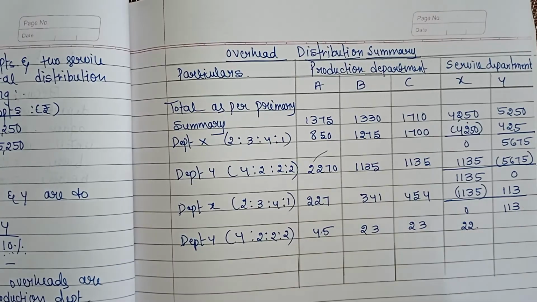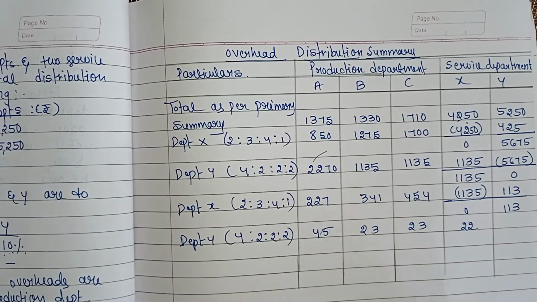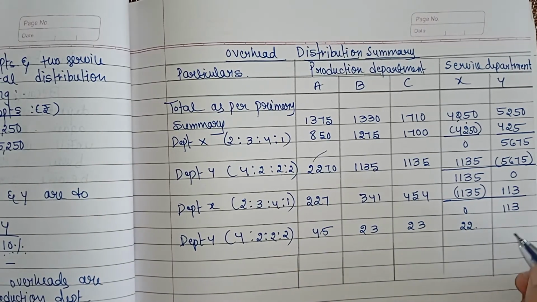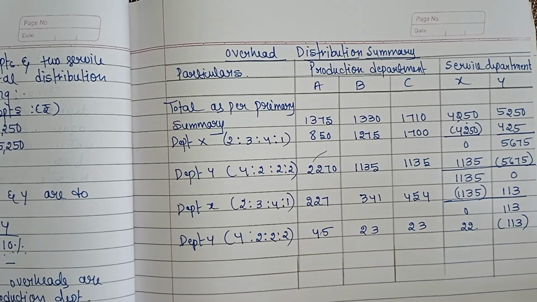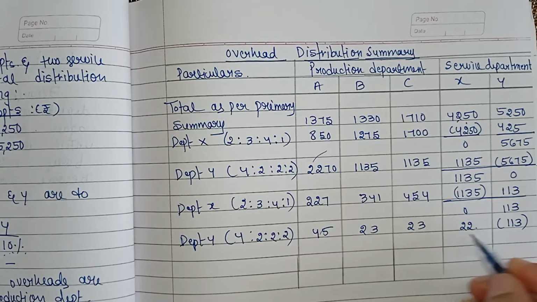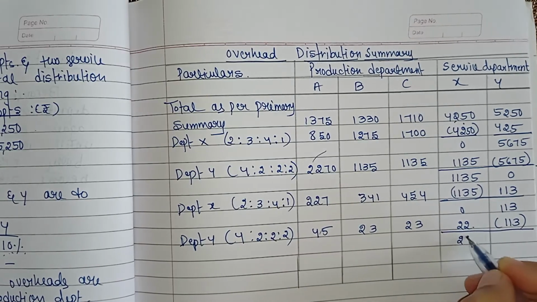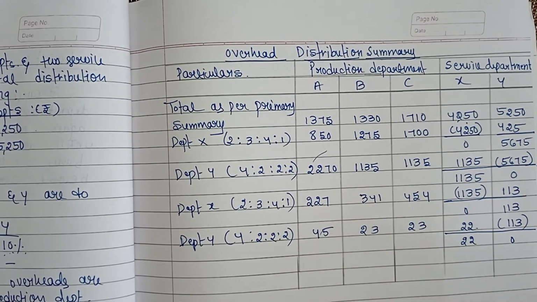Then the total becomes 113. Here we need to adjust. Clear? Here Y department redistributed all its expenses. Now again total it. 22 and here 0. This process we need to repeat till the service department expenses become 0 or negligible.